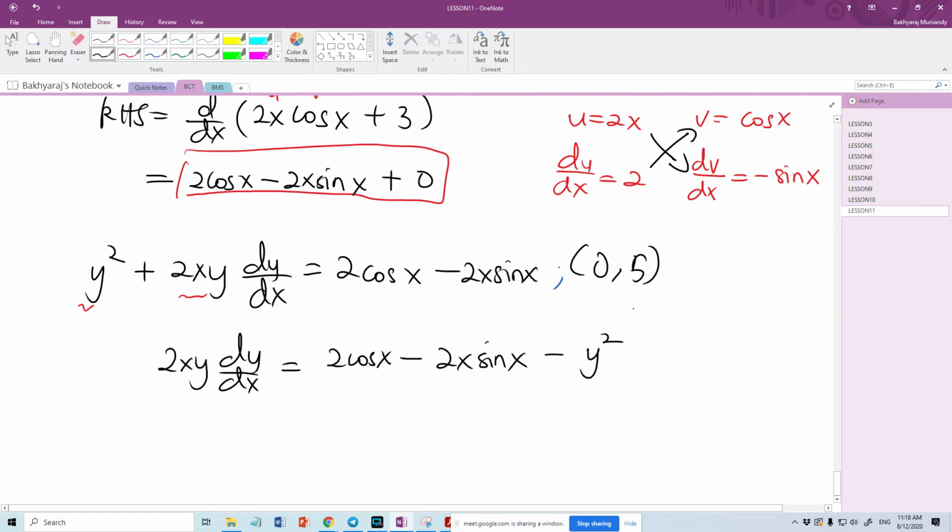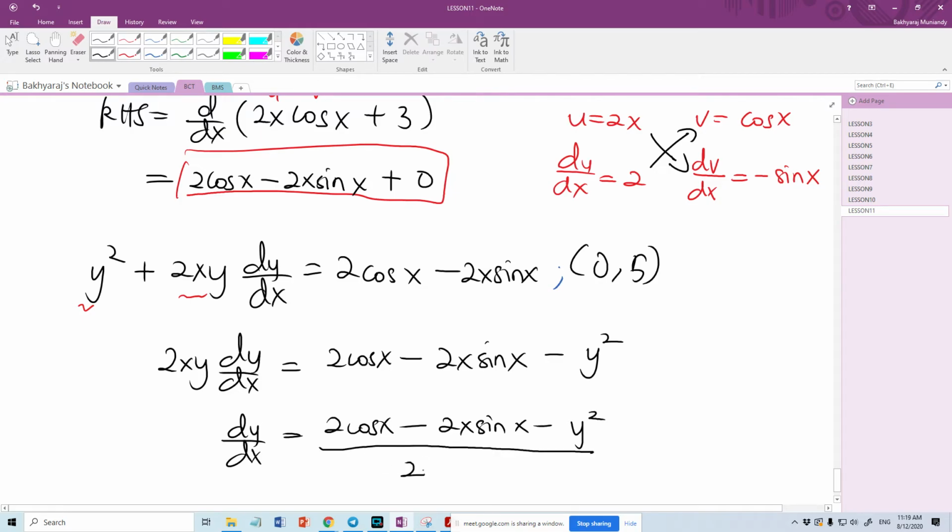Positive y squared becomes negative y squared when moved over. And then divide by 2xy. So dy/dx equals 2 cos x minus 2x sin x minus y squared, divided by 2xy.